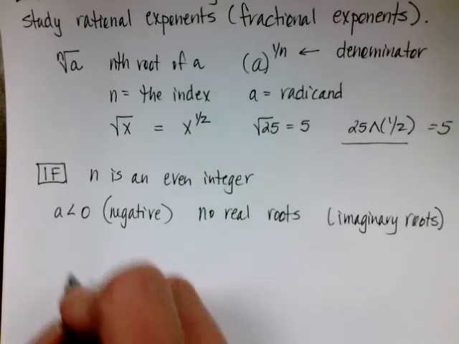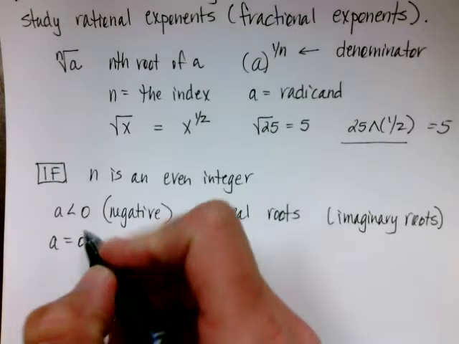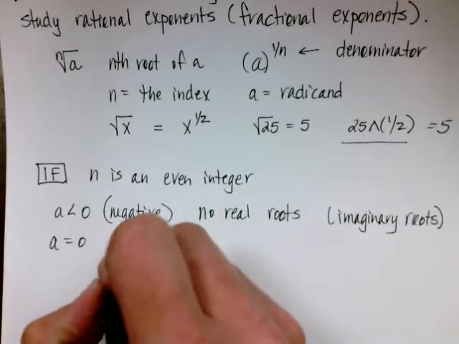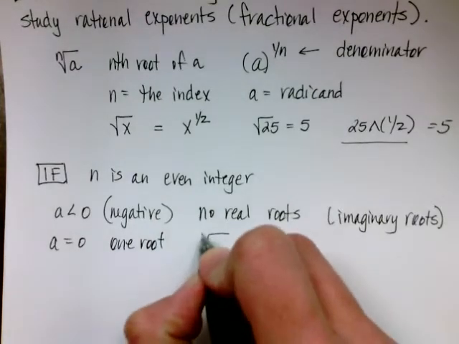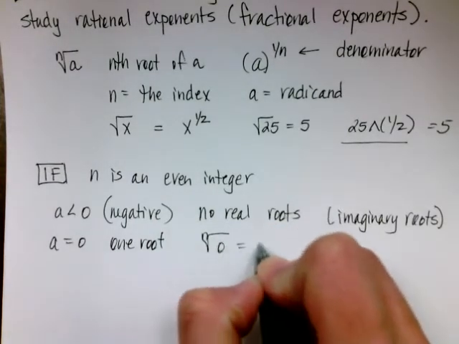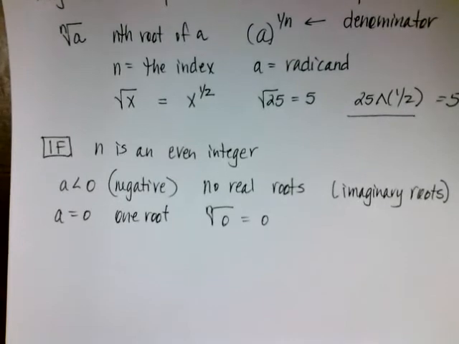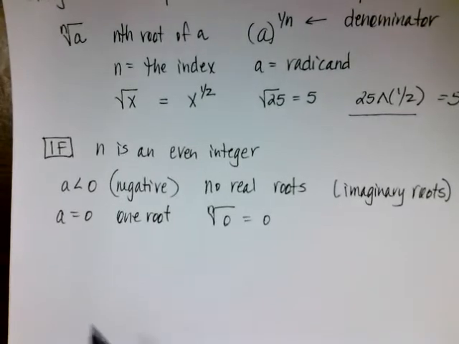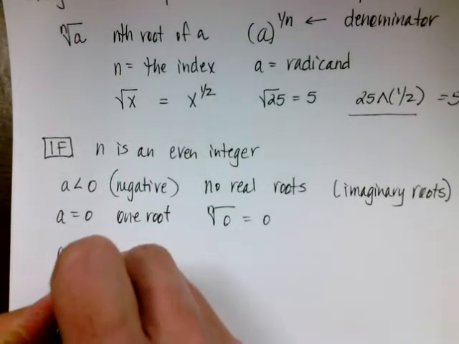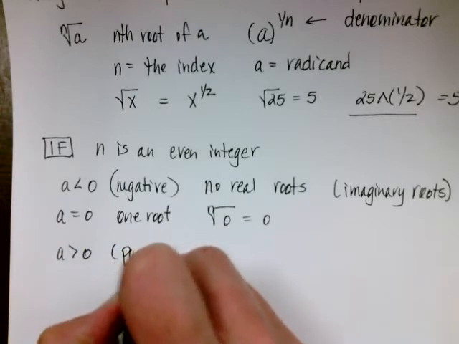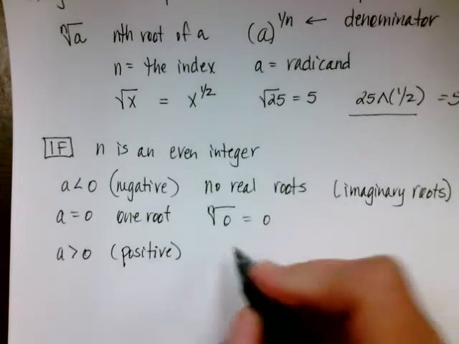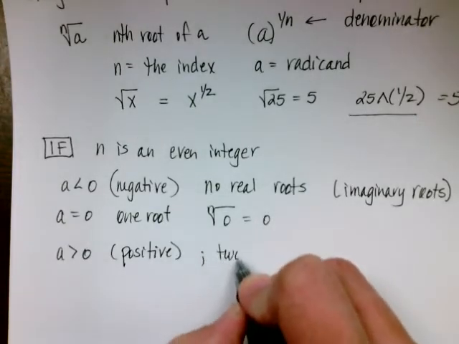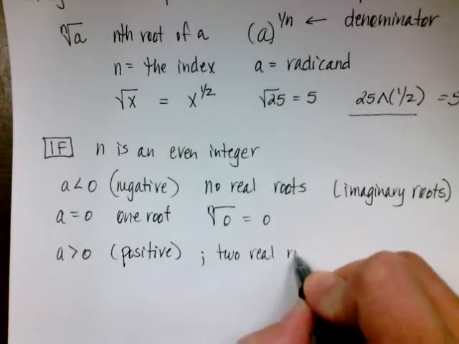If a is equal to 0, that means that there is one root. If I wrote it as the nth root of 0, I would just get 0 because the square root of 0 is 0. It's kind of boring. And if a is greater than 0, which is another way of writing that a is positive, that means that I'm going to get 2 real roots.